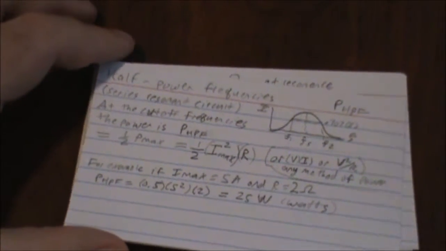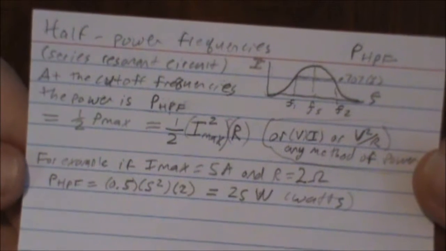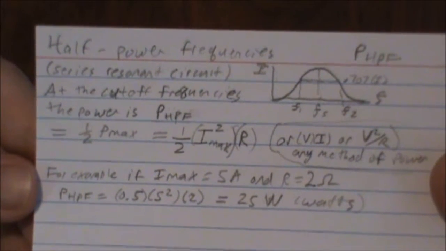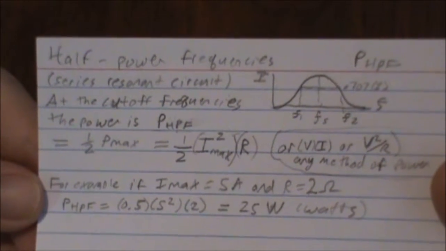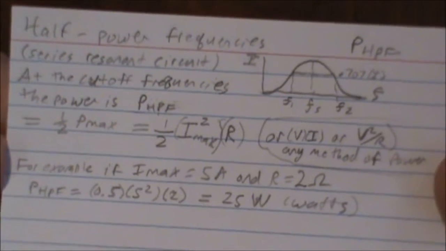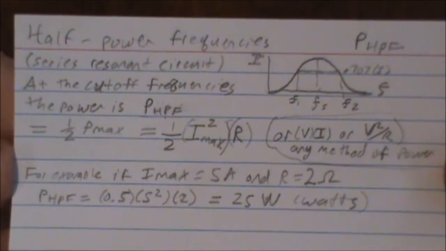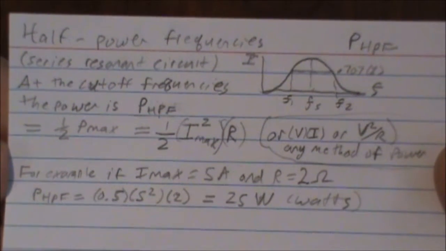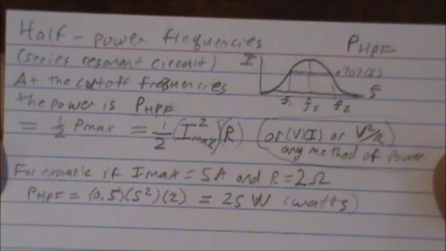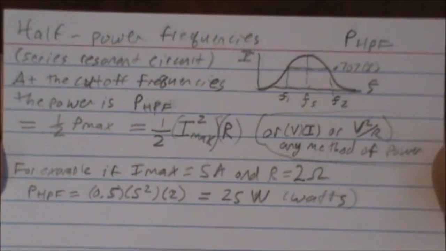At 0.707, getting back into that a little more, that is what we call the half power frequency. At the cutoff frequencies F1 and F2, the total power, your volts times your amps, is going to be 1/2 of your I squared R, or V times I, or V squared over R, any method of getting power.